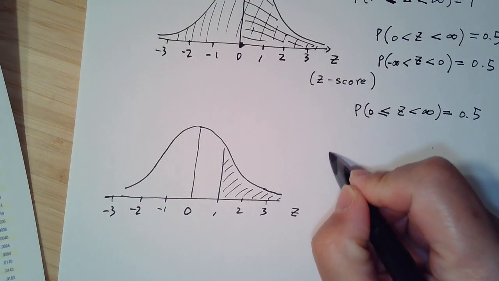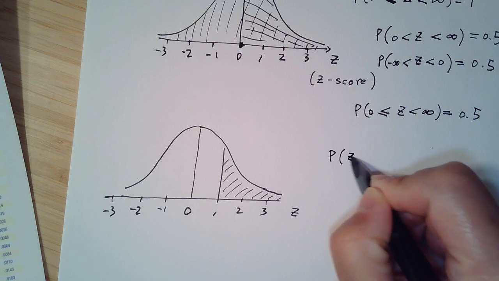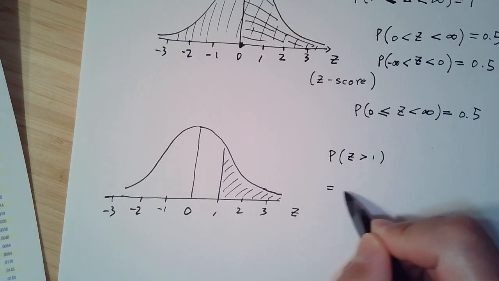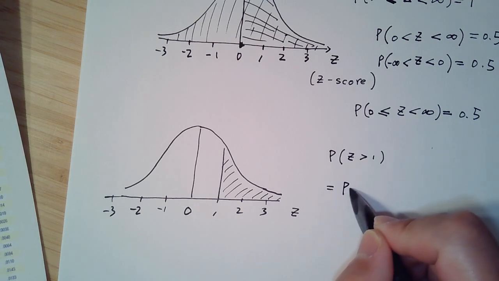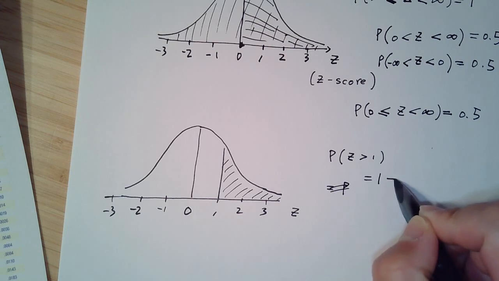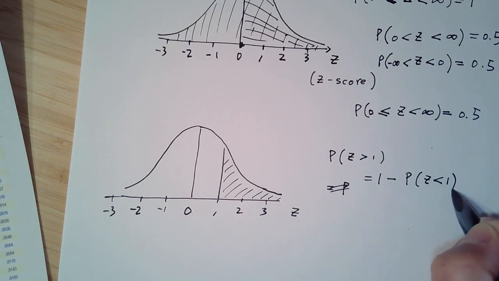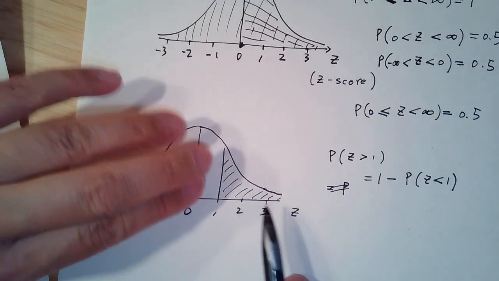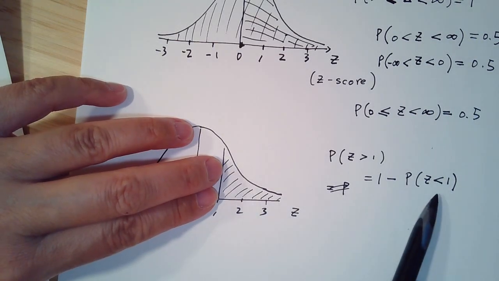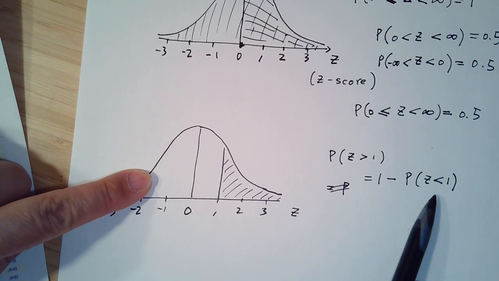Basically, you're looking for the probability that z is greater than 1. That will be 1 minus the probability that z is less than 1. Make sense? Because greater than 1 is this shaded area, and less than 1 is this white area. That adds up to 1.